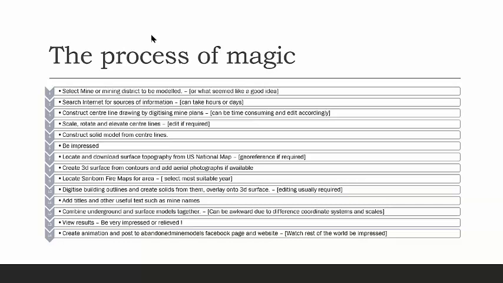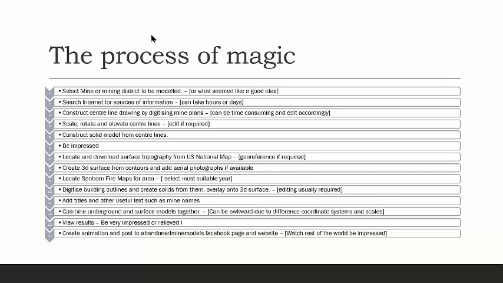Luckily, you can download the contours and roads and other stuff as a shape file, which I can load into a GIS package. From that, I create a three-dimensional surface from the contours, and then I can overlay an aerial photograph if I can get hold of one. So you've actually got a sort of surface drape.